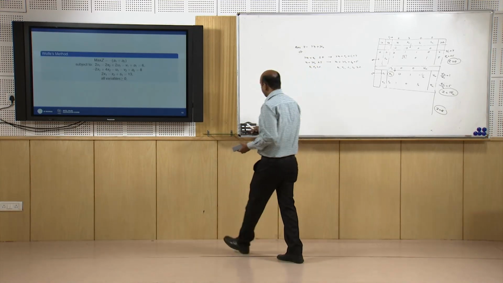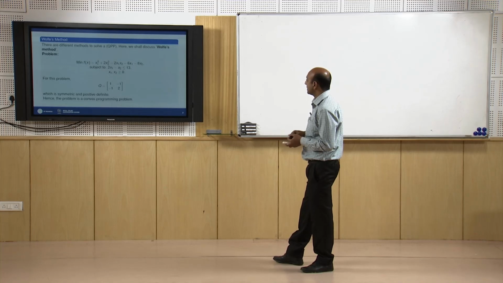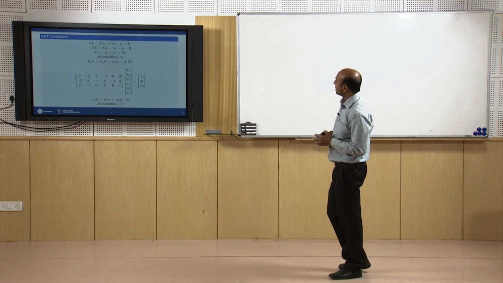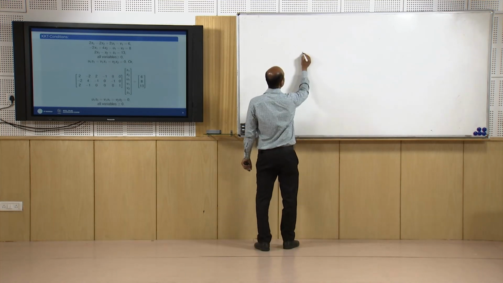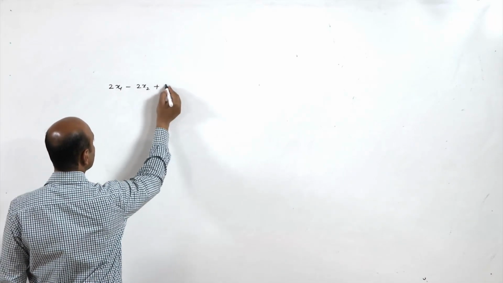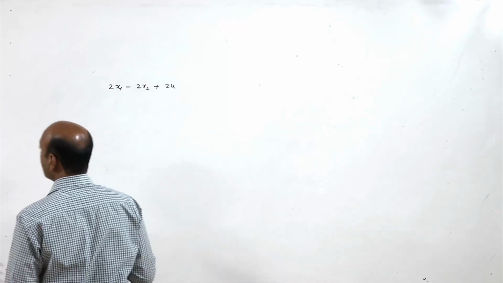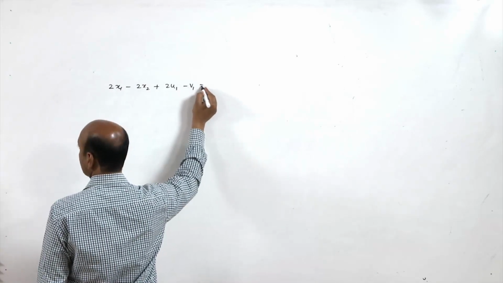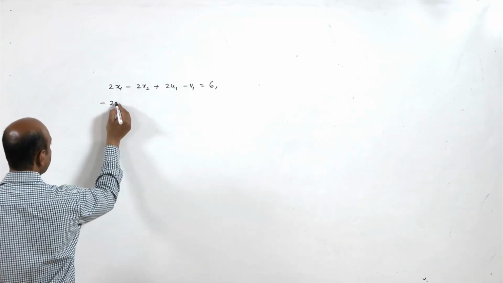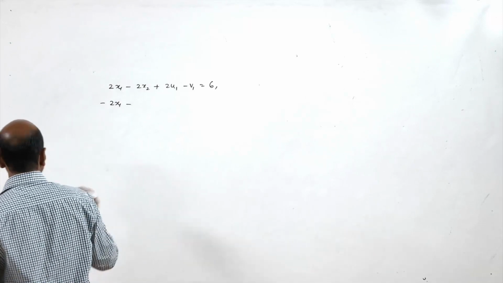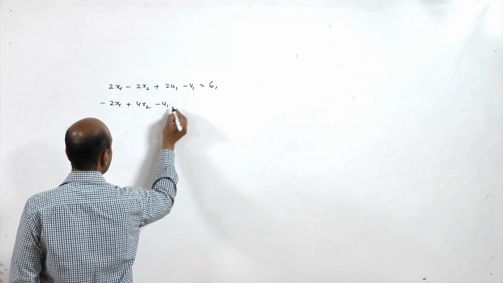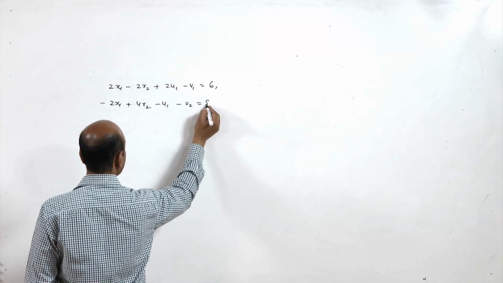Now come to our Wolfe's method. We are solving this problem basically, and for this problem we have already written the KKT conditions. What are the KKT conditions? 2x1 minus 2x2 plus 2u1 minus v1 equals 6. The second constraint is minus 2x1 plus 4x2 minus u1 minus v2 equals 8.